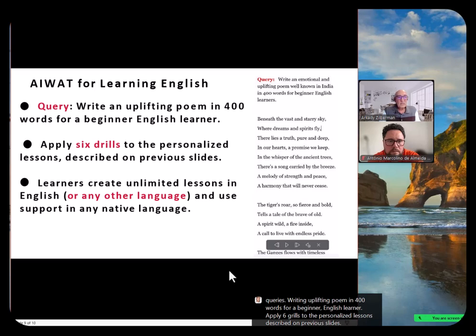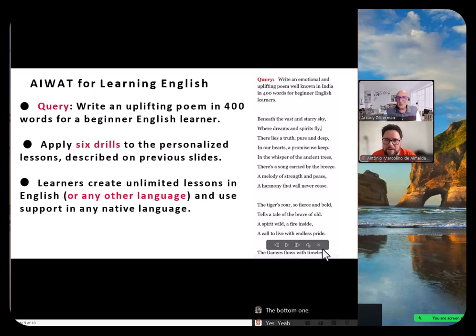Learners create unlimited lessons in English or any other language, Portuguese, for example. You can use AIWAT to learn Portuguese also, and use support in any native language.